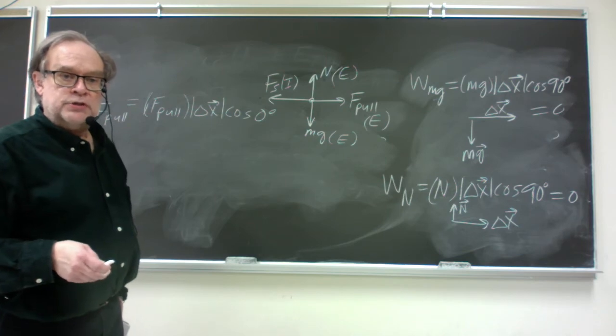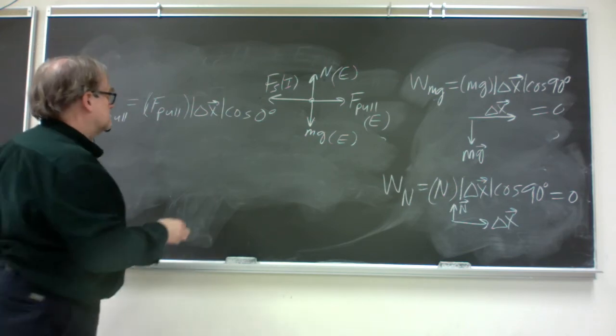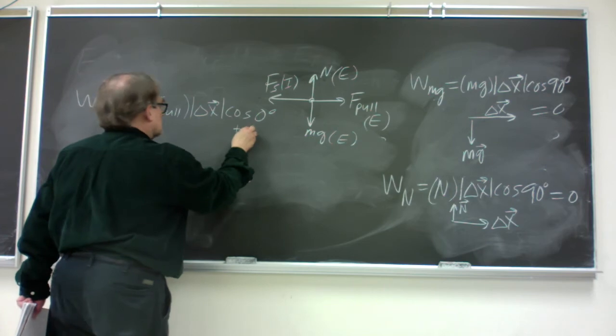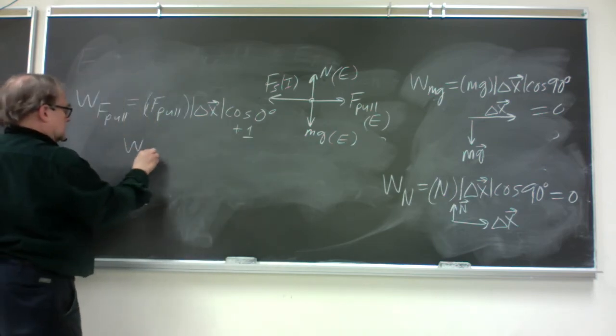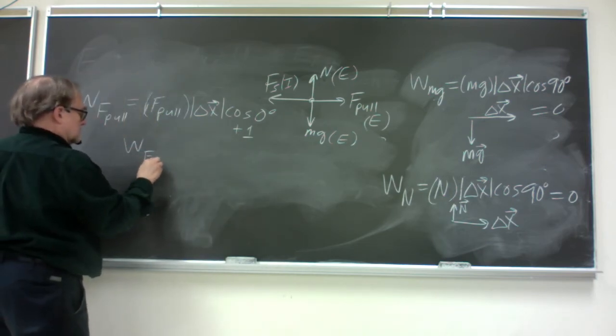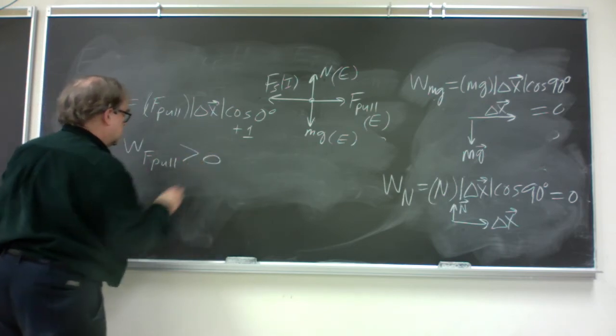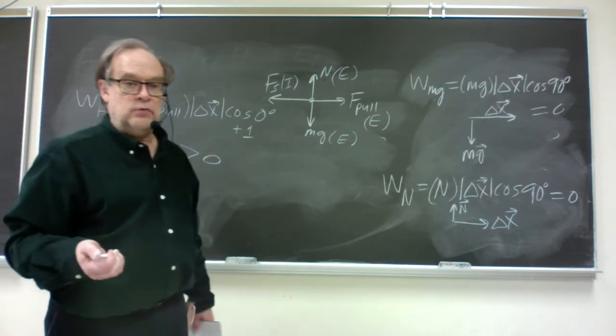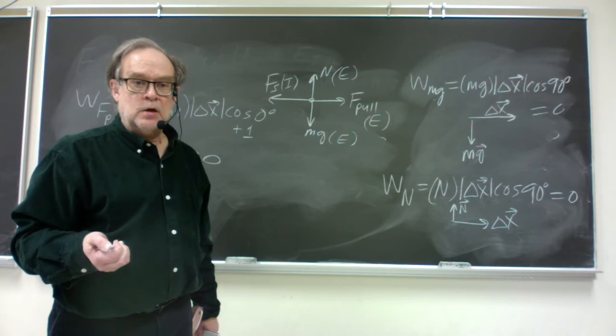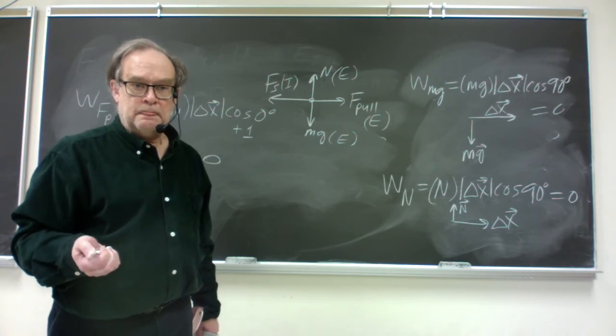Cosine of 0 degrees turns out to be positive 1. Positive work is done on the system by my pulling force.